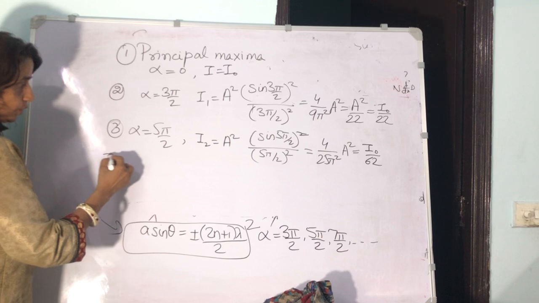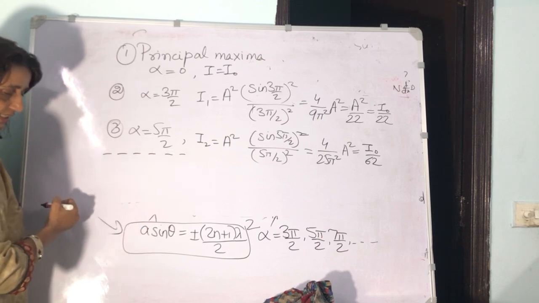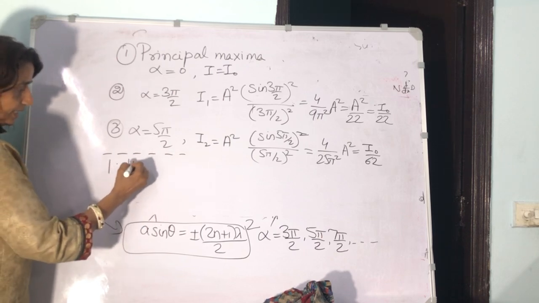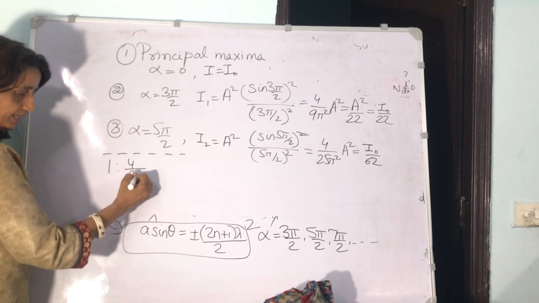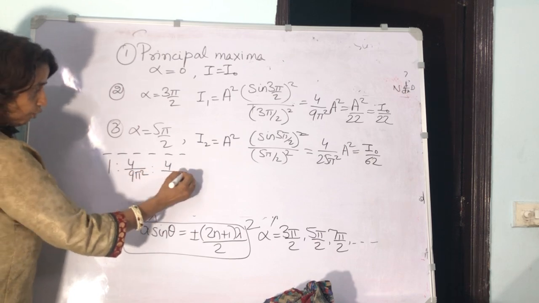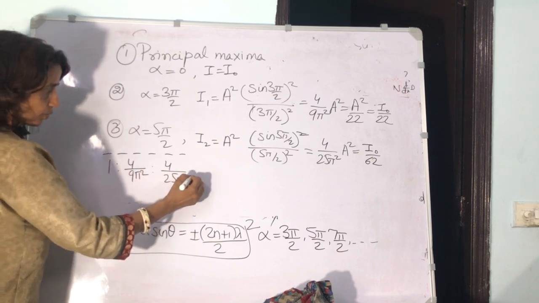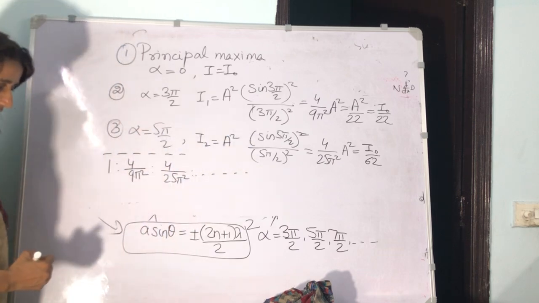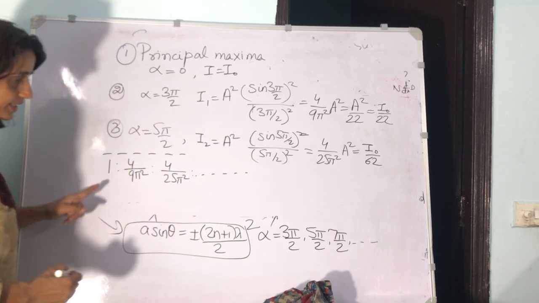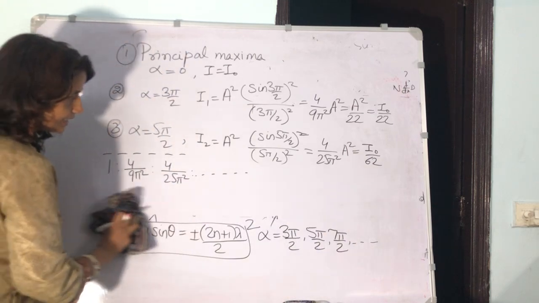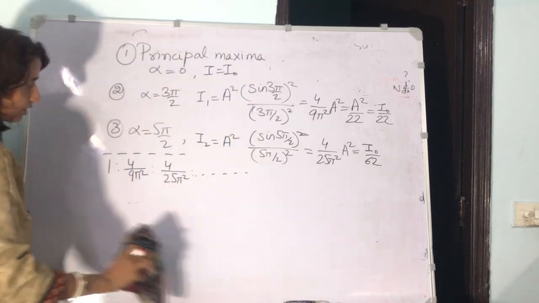This way you can continue with the series here and you get the intensity as 4 by 9 pi square, 4 by 25 pi square and like this. So what is this intensity series showing? This expression is very important.